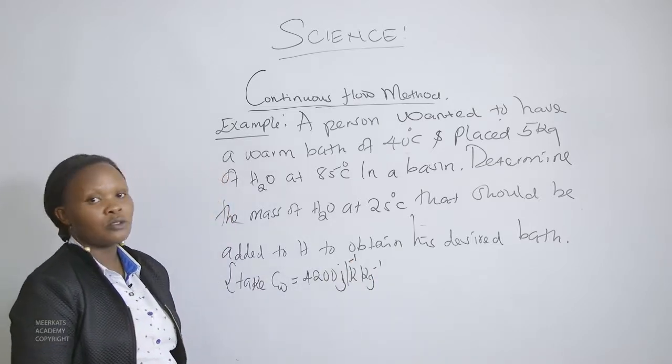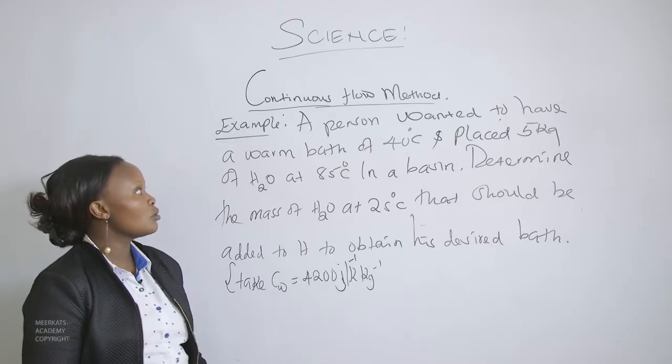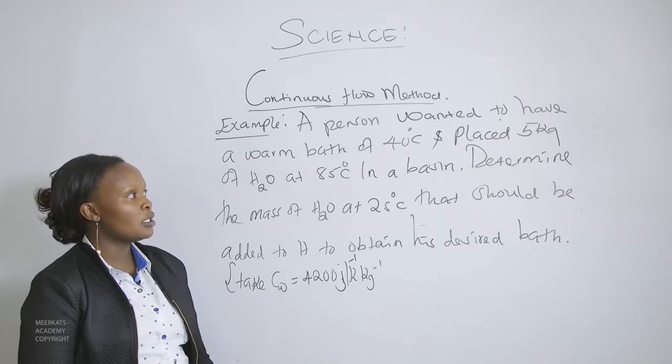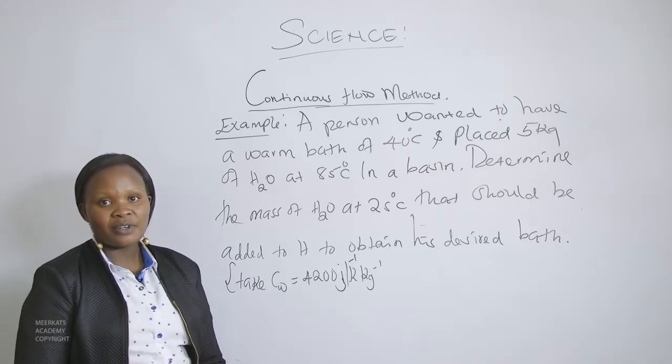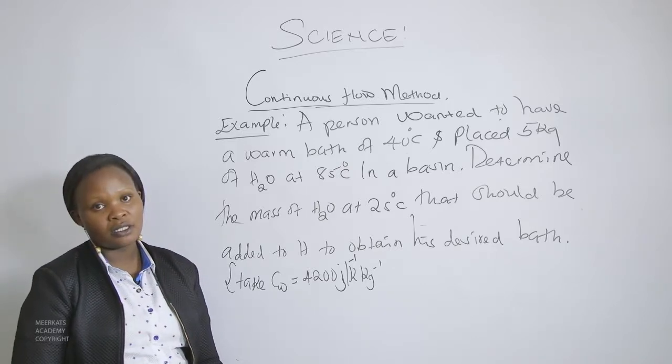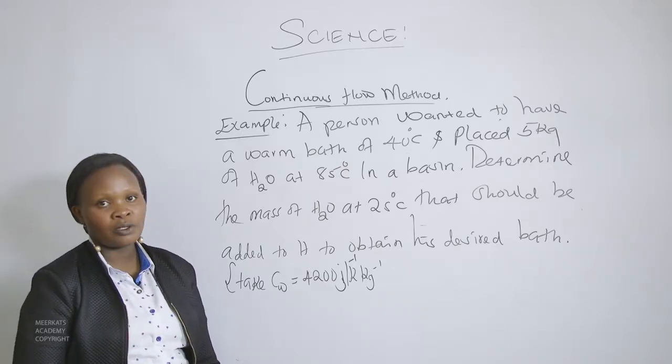Now, the question reads that a person wanted to have a warm bath of 40 degrees centigrade, and he placed 5 kilograms of water at 85 degrees centigrade in a basin.